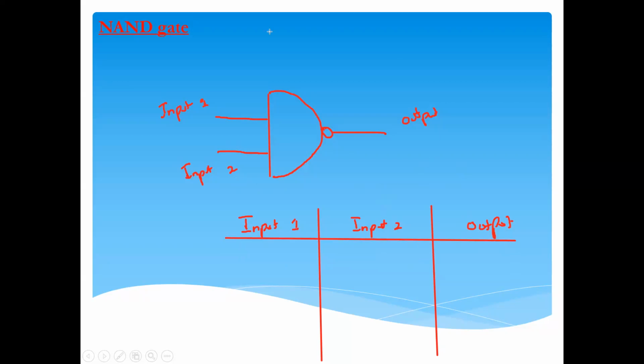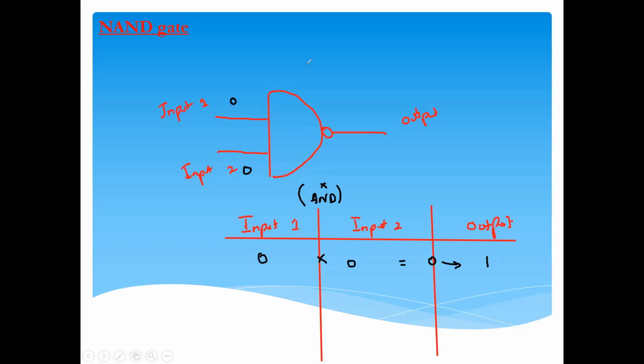So for example, if we have input 0, 0. So 0 multiplied by 0, what is the result? 0 multiplied by 0 is 0 according to the AND gate. Because in the AND gate, we get the result by multiplication. But because there is an inverter at the last, what will the inverter do? It will invert this and make it 1.